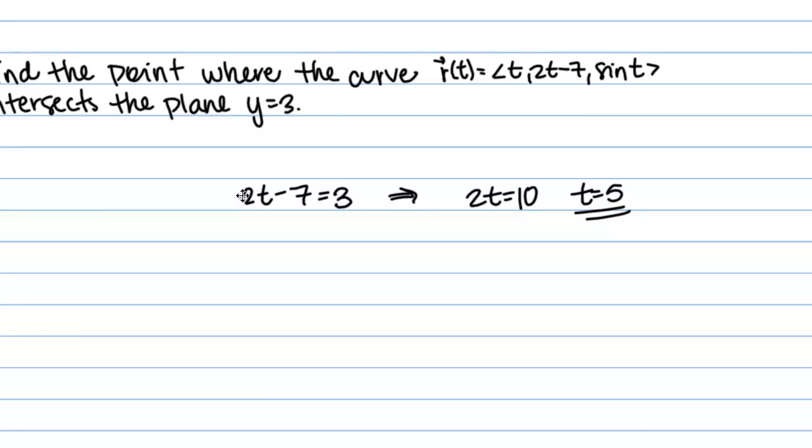So now that I know that t equals 5, I'm pretty much done. I just simply take that t value and plug it into my function, because that's going to be when the curve intersects the plane, when t equals 5. So then r of 5 is 5, and then 3, and then sine of 5, whatever that may be.